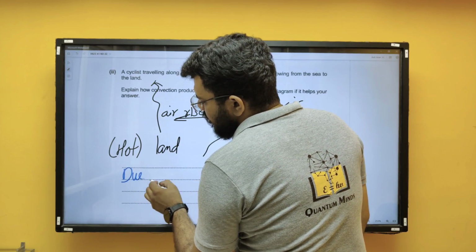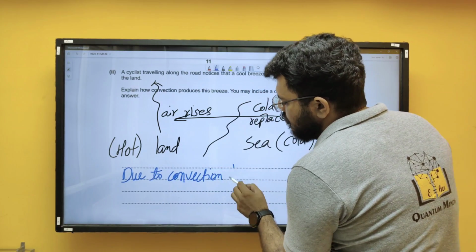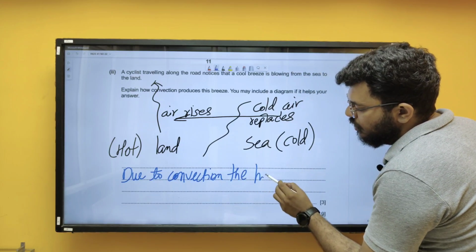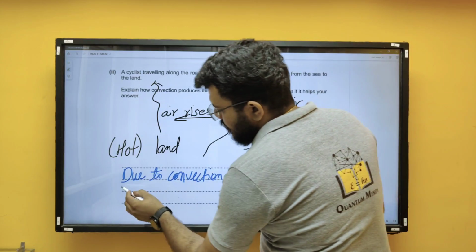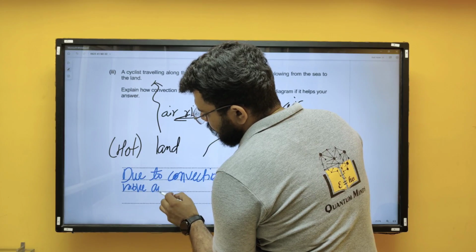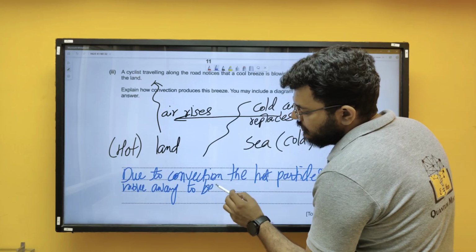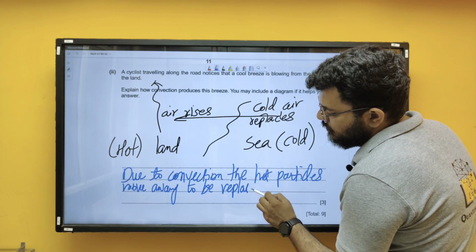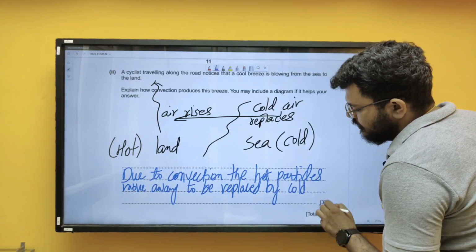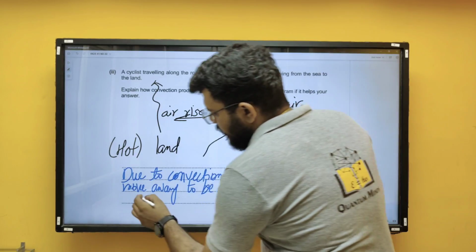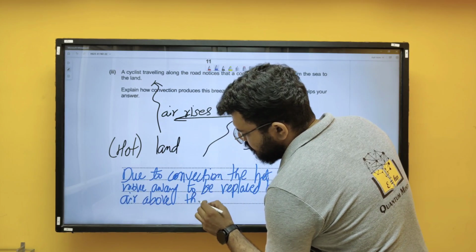So due to convection, the hot particles move away to be replaced by colder air above the sea.